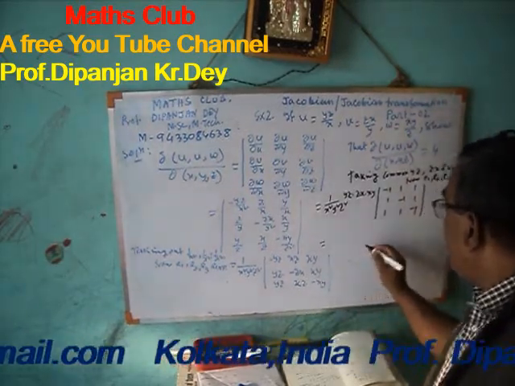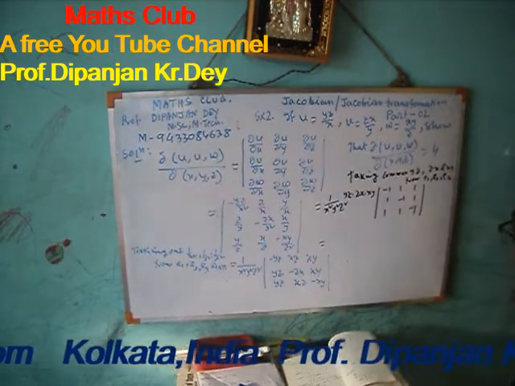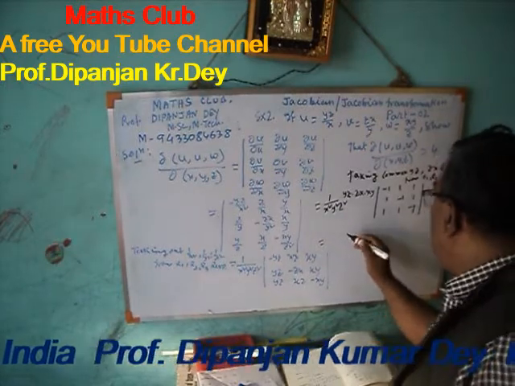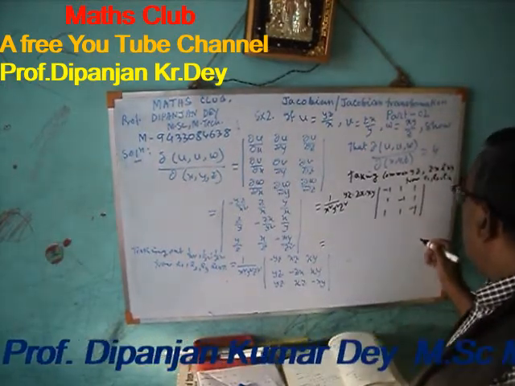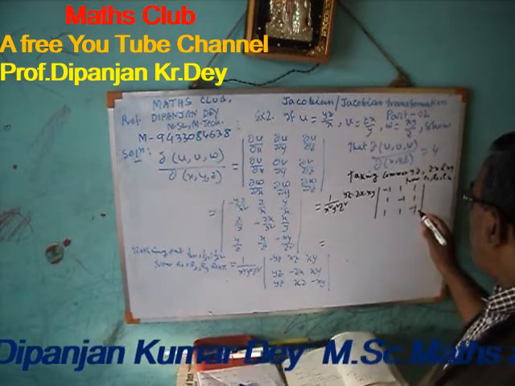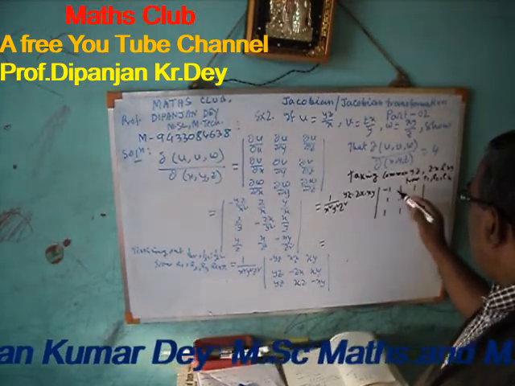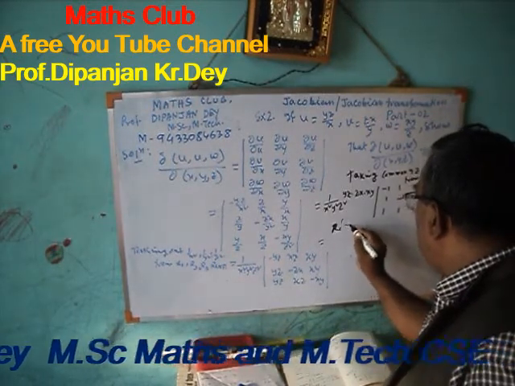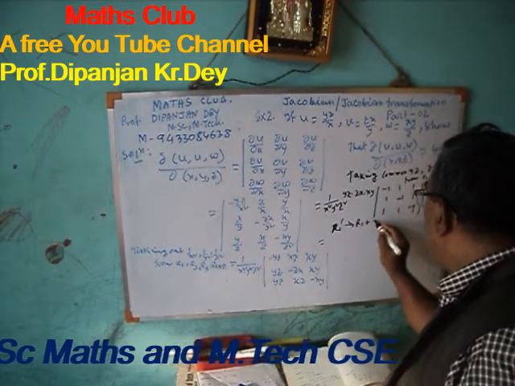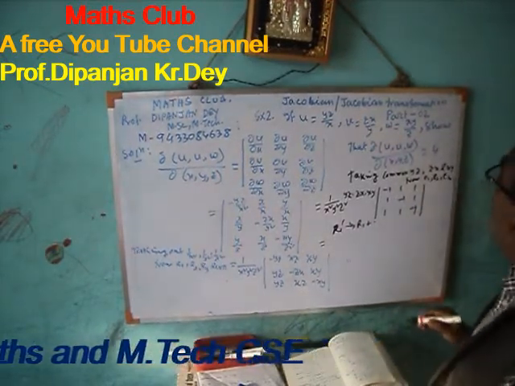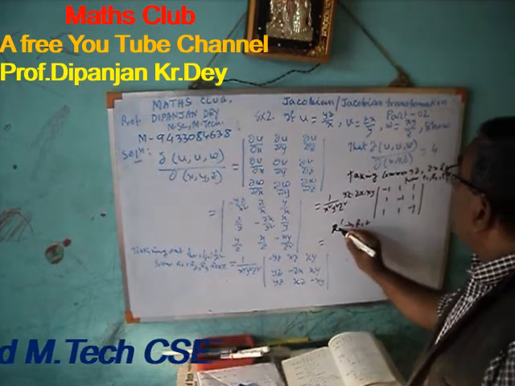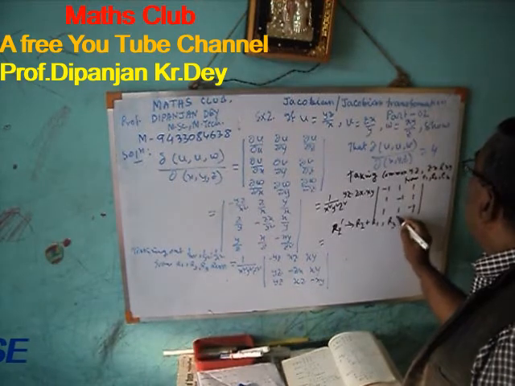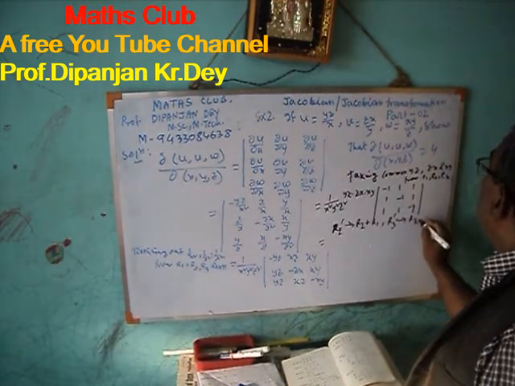Now what I am doing here: R1 dash equal to R1, R2 dash equal to R2 plus R1, R3 dash equal to R3 plus R1.